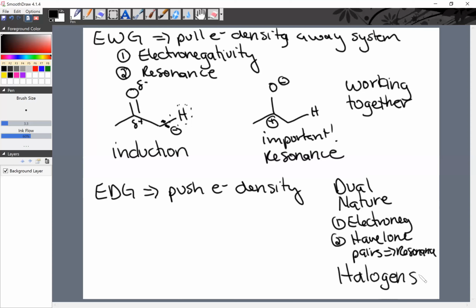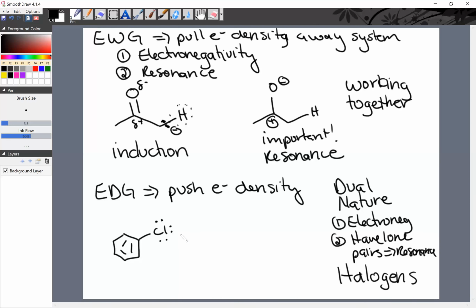Okay, so let's take a look at this. And I'm just going to throw in a benzene because do I want to throw in a benzene? Sure. All right, I'm going to put a chlorine on this benzene. And my question is, is that chlorine pulling away, an electron withdrawing group, or are those lone pairs pushing in?